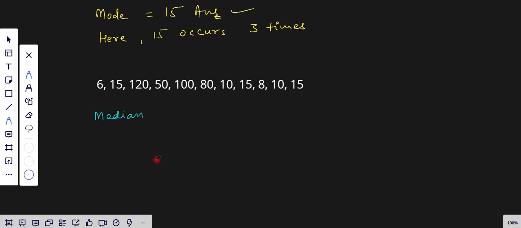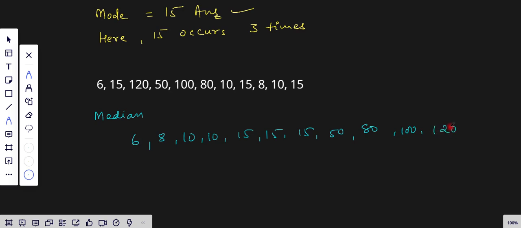So the least value is 6, then 8, then 10. 10 is appearing 2 times. Then 15 is appearing 3 times, then 50, then 80, then 100, and then 120.